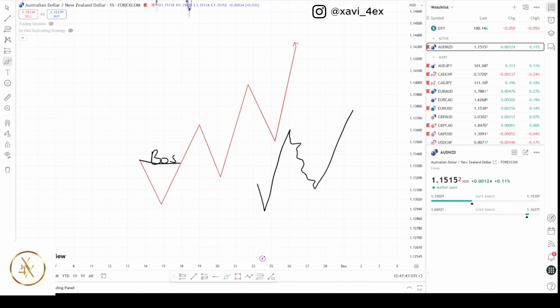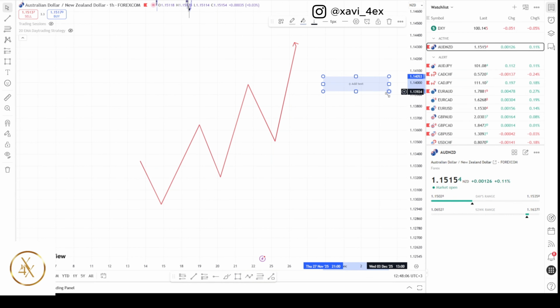So as you know, the market moves up and down, down and up, higher highs and higher lows. So basically, this is how it goes. For my strategy to work for you, you need to know.